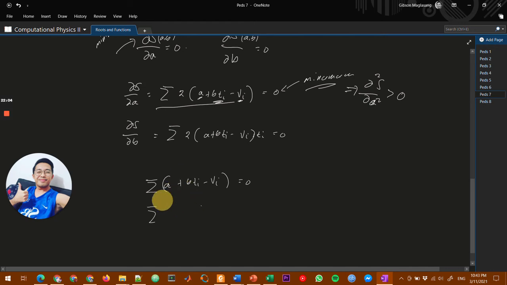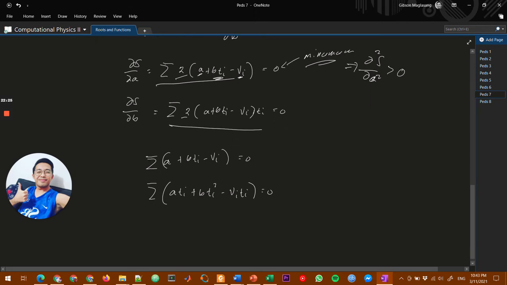Okay, anyway, 0 ma-drop ni ma-divide ni mo ang whole equation over 2. So wala na mga 2. This is actually a times t sub I kani plus b t sub I square minus b sub I t sub I. That's equal to 0. Okay?